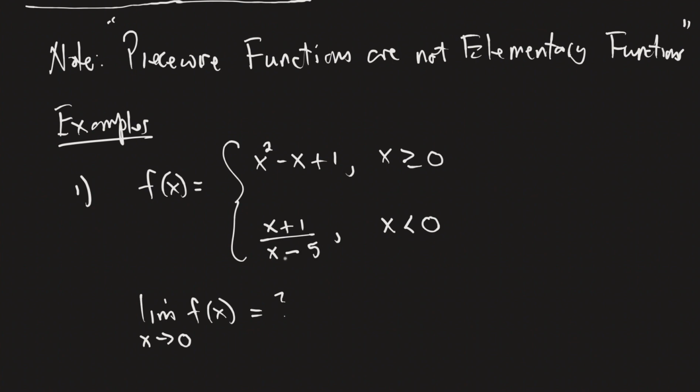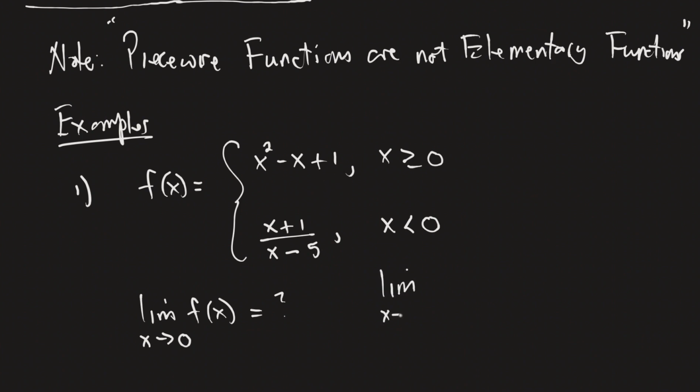So the key thing for piecewise functions is if the value of x being approached is a value at which the function changes from one piece to the next, we have to utilize the one-sided limits. Even if the question doesn't ask us to do the limit as x approaches 0 plus or 0 minus, we have to know to do that because they're two separate functions here.